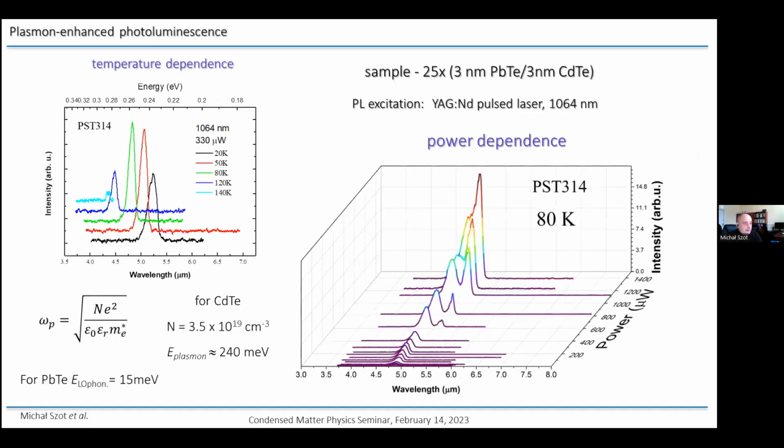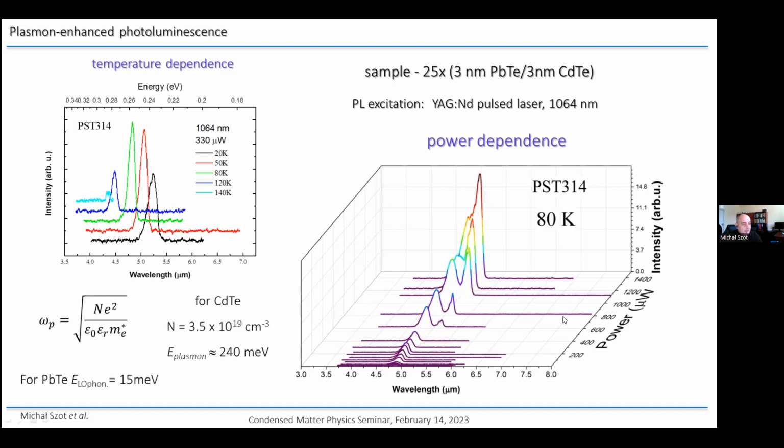Another interesting result we have obtained is in the measurement of excitation power dependence of photoluminescence. For example, for the sample whose initial design is shown here, we have observed emission which appears at higher excitation power and which exhibits laser-like behavior.